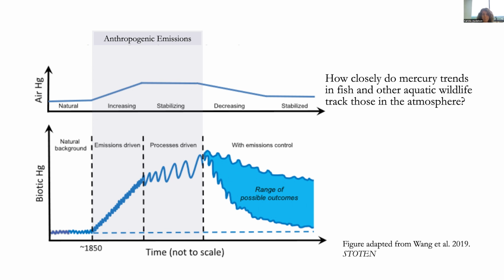However, nowadays we have implemented some controls and we're reducing our air mercury emissions, but we are still in this period where there's a lot of disconnect between the air concentrations and the biota concentrations. So there's a lot of noise in the signal, if you will, but that noise is actually valuable in a way because we can learn a lot about ecosystem processes by examining that noise.